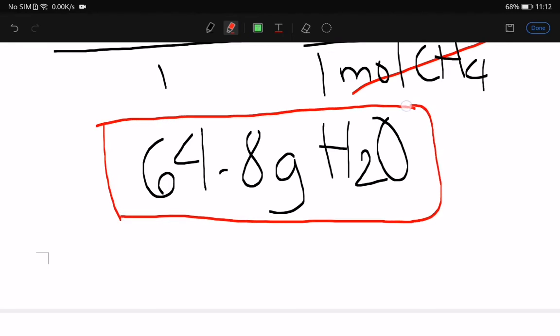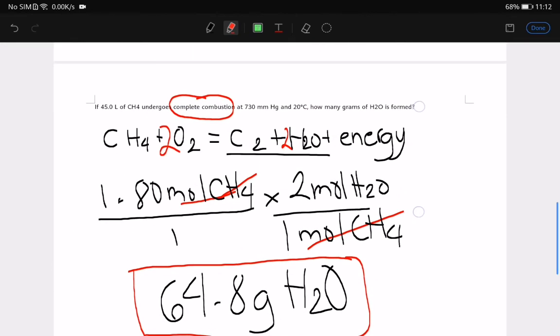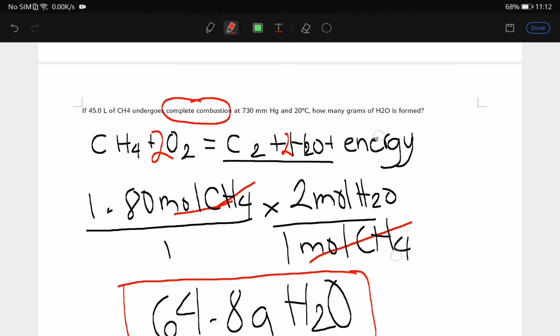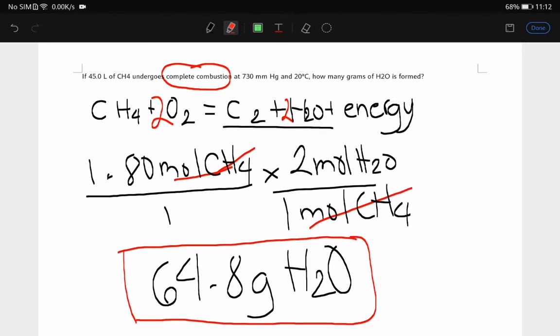Okay? So you can interpret that by saying that 64.8 grams of H2O is formed when 45 liters of methane undergo complete combustion at 730 millimeters of mercury and 20 degrees Celsius.